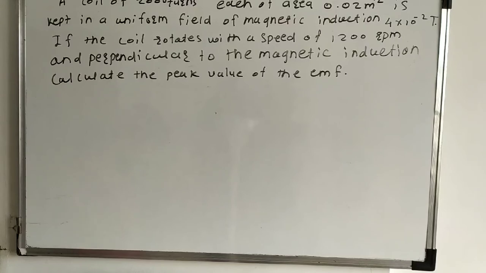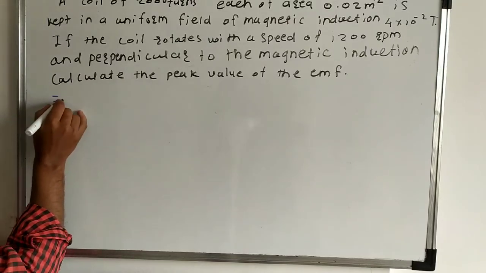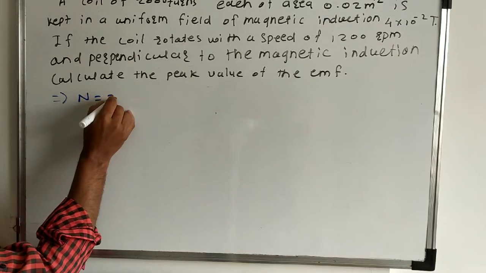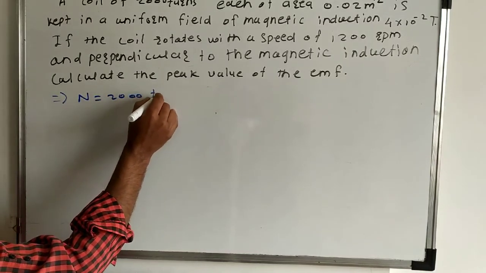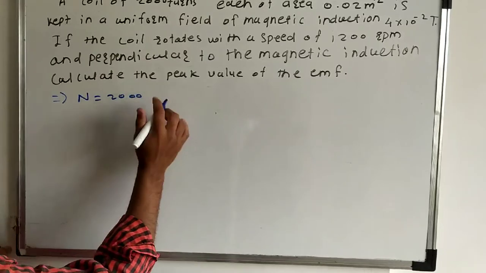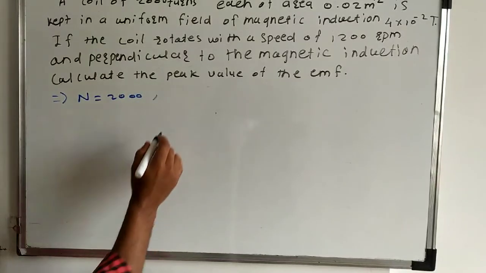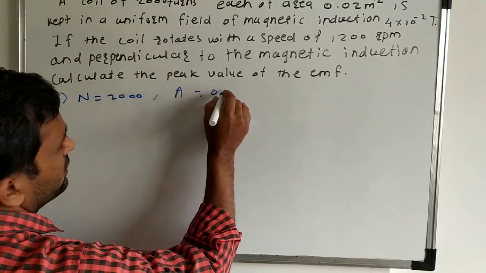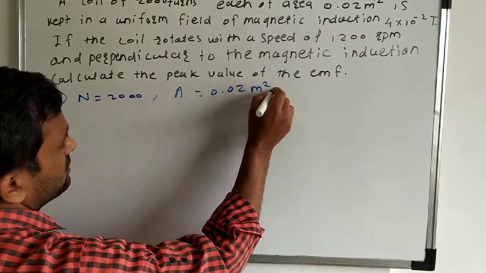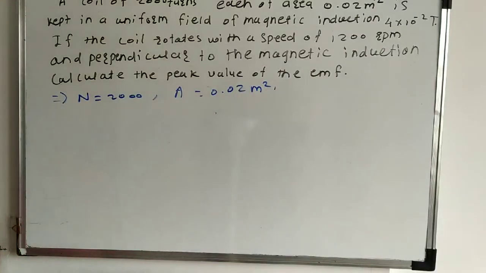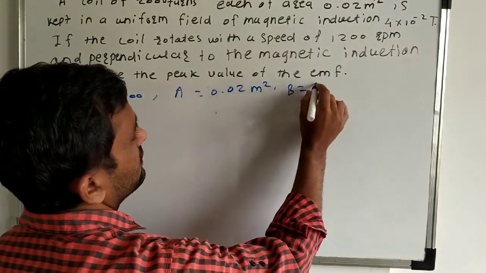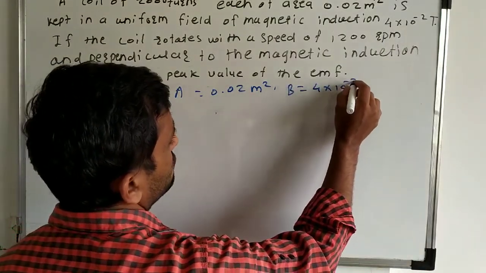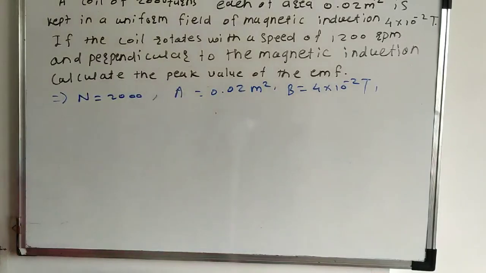Okay, first of all, what are the given terms? Number of turns is 2000. Each of area is 0.02 meters square. Then kept in uniform magnetic induction B, given as 4 into 10 raised to minus 2 Tesla.